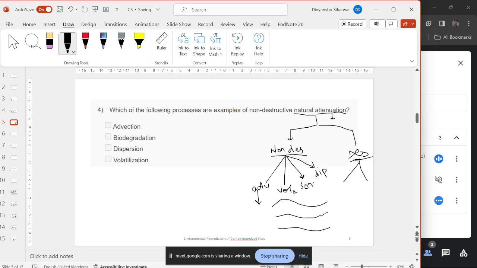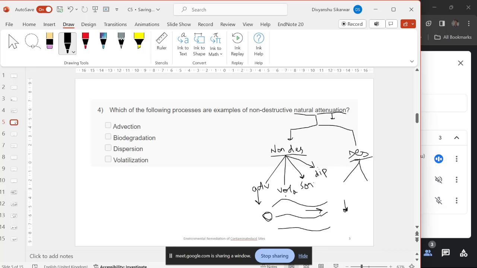If a river is flowing in a certain direction and we put some contaminant there, that contaminant will flow in this direction due to the flow of water. Something is flowing in a particular direction because its surrounding is flowing that way. So that is advection. Because of that, there will be a decrease in concentration in a particular area. If we have a source of contaminant here and water is flowing in this direction, it will get diluted.